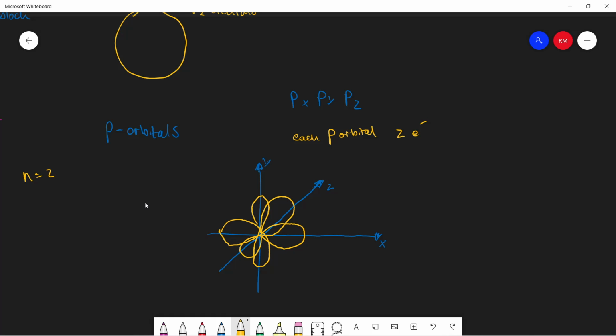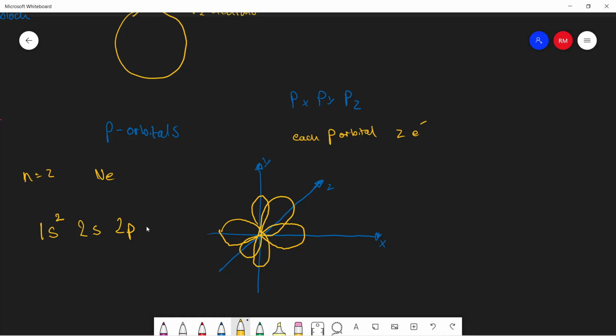Say we have neon, it's going to have its 1s orbital, then its 2s orbital, because remember, the first shell only holds up to 2 electrons, there's only an s, but from n=2 upwards, we're going to have 2s, but we're also going to have 2p. And as the electrons fill, we know there's 2 electrons in the first shell, and there's going to be 8 electrons in the next shell to make 10 electrons.